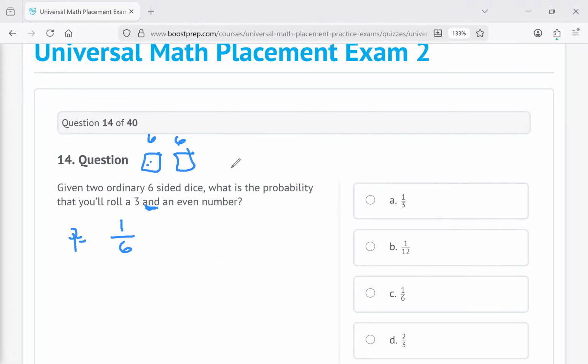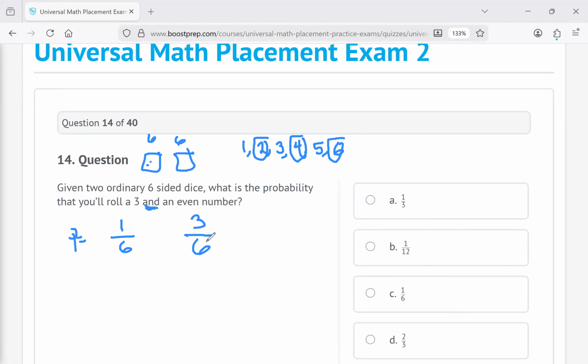And then what about an even number? You have 1, 2, 3, 4, 5, 6. The even numbers are 2, 4, 6. So you have three out of six.